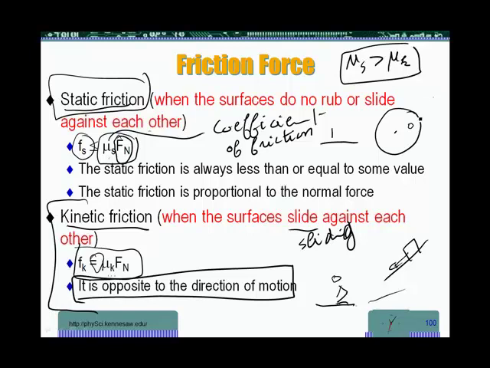Because the direction of its velocity is changing. It's not staying the same. At one time it's pointing this way, at one time it's pointing this way, this way, this way. So what holds it on top of that disc? It is a static friction force. Now, what's the direction of that static friction force? In this case, we'll get back to that later on, it actually points towards the center of the disc.